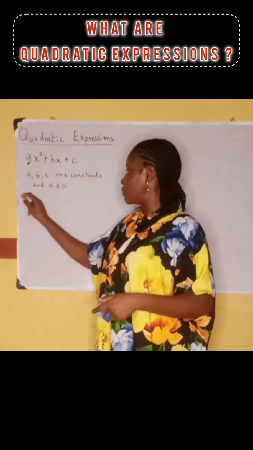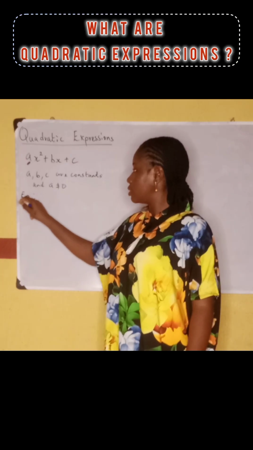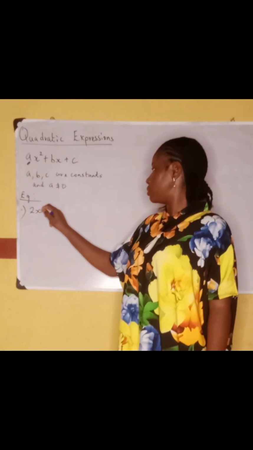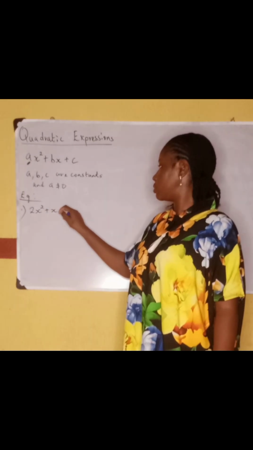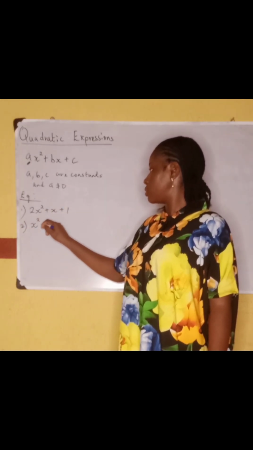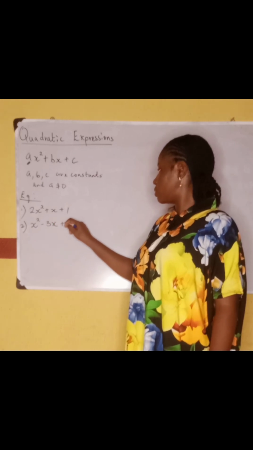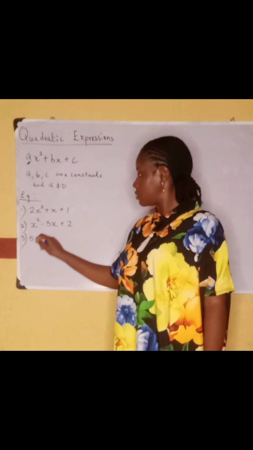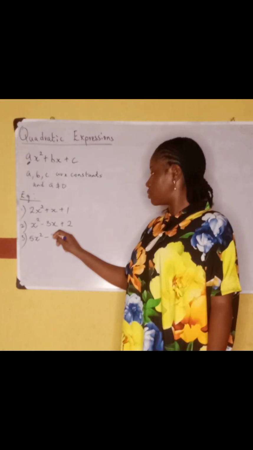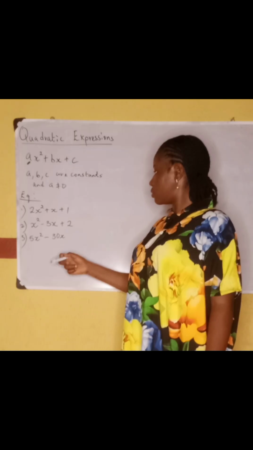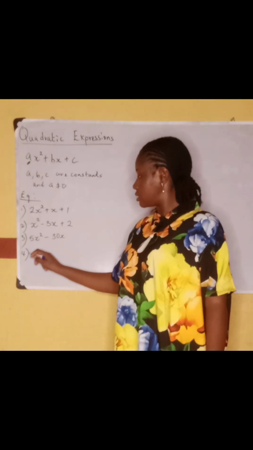If I take some examples now, quadratic expressions will look like this form. It can also look like this. It can also look like this. It can even look like this.